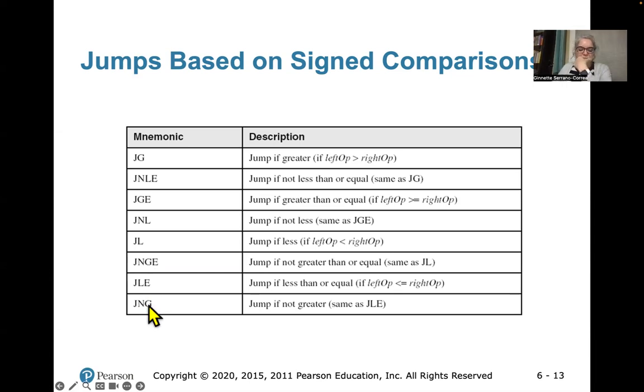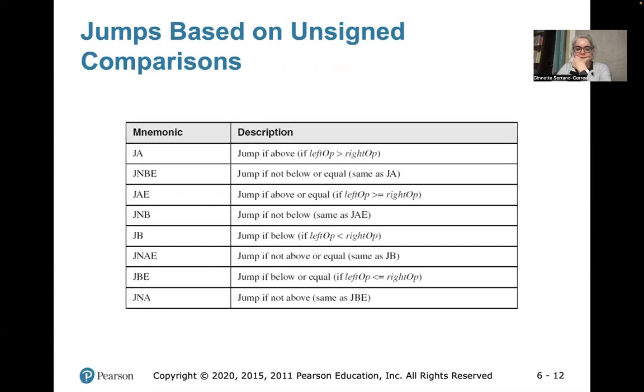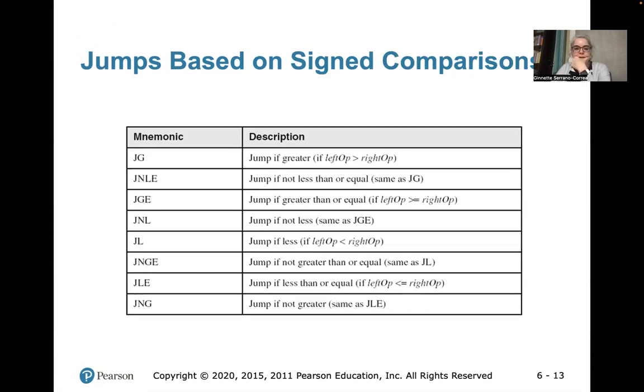So you just have to remember which ones are for signed numbers and which ones are for unsigned comparisons. So maybe thinking above and below, those are unsigned. And then using the words greater than and less than, you could think of it that way as for signed. So greater than is the same thing as above.